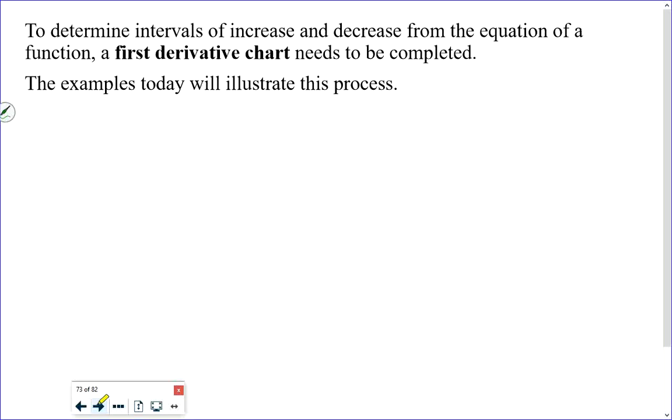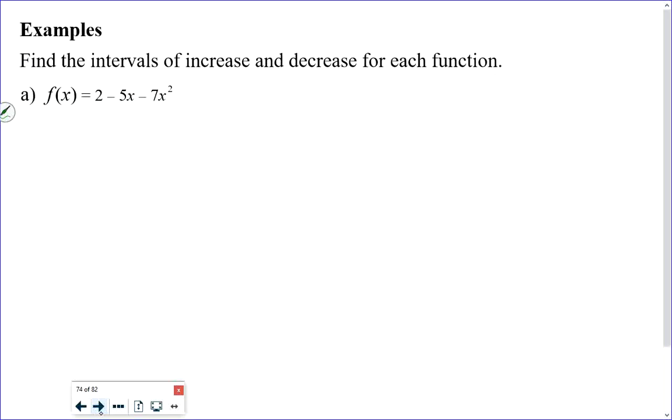The first example says, where are the intervals of increase and decrease for each function? So the first thing we want to do is find the derivative of the function. I'll use f prime of x. I differentiate this function and I have negative 5 minus 14x. And this is something I've talked with my Math 20-1 students about.